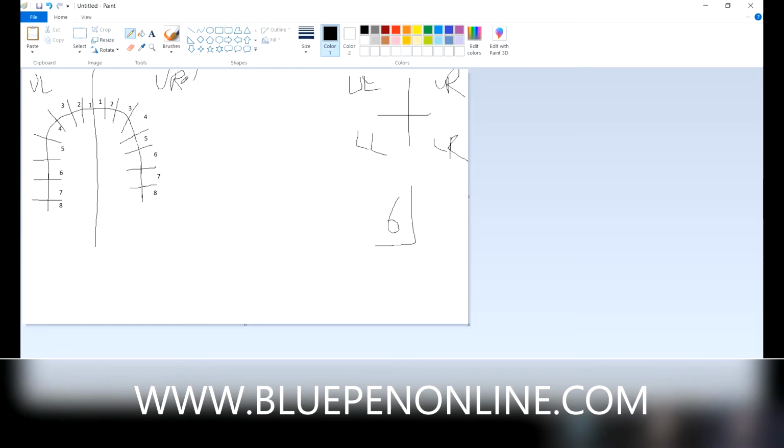Suppose they have given you upper right and asked you 7. So 7 is the tooth number. Which quadrant? Upper right is this quadrant, so the tooth has to be written like this. Upper right, the tooth comes like this. Upper left, it comes like this. Suppose they ask you lower 4. The down of this 4, so it comes like this, and 4.